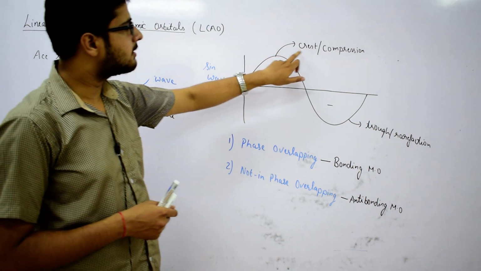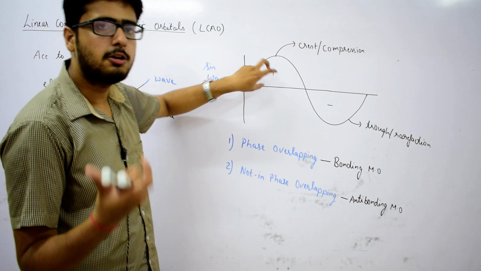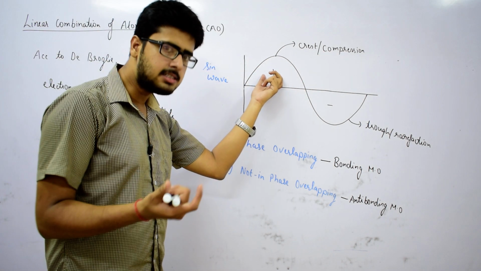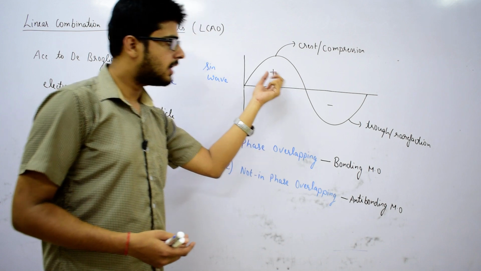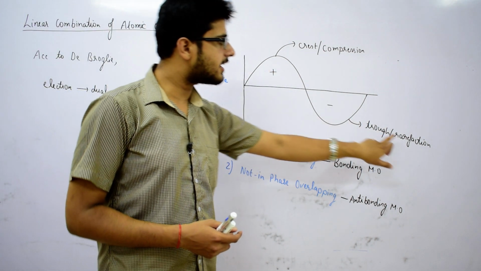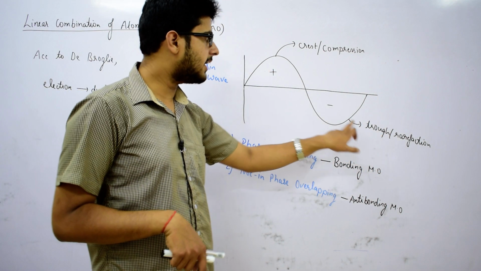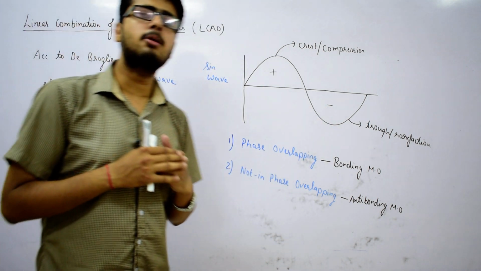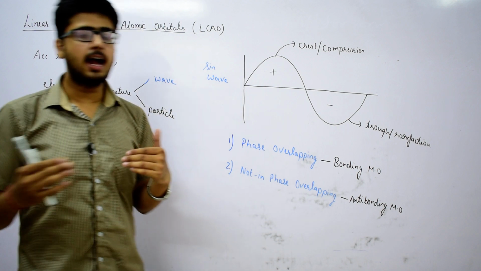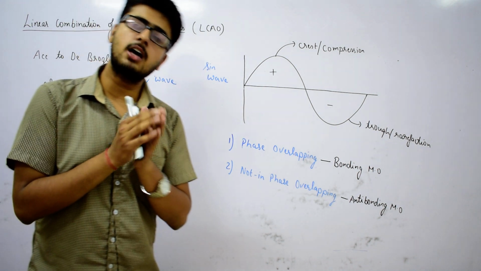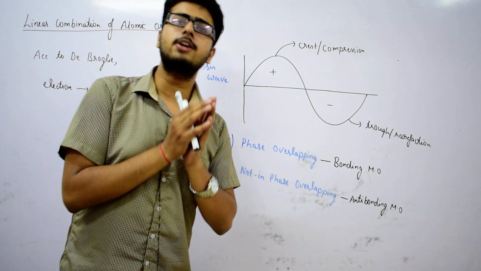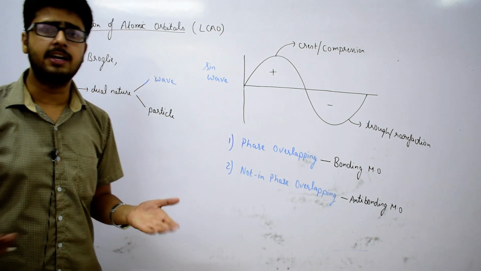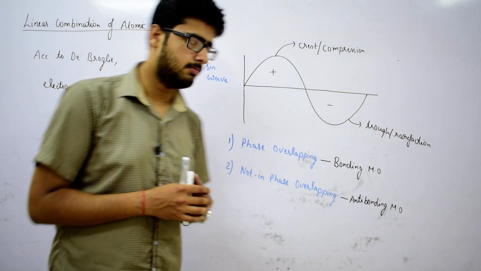The part which is the crest or compression is represented by plus, and the portion of trough or rarefaction is represented by minus. Molecular orbitals are formed by the overlapping of atomic orbitals, and atomic orbitals contain unpaired electrons.